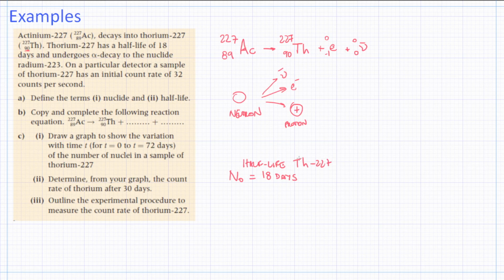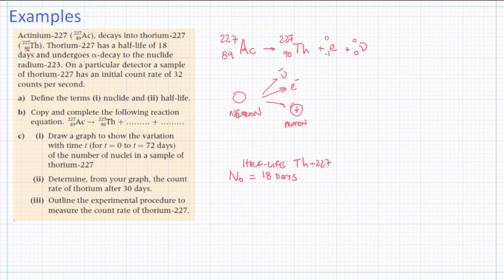Usually we give the name thorium-227 because, well, when we say thorium, we know that the atomic number is 90, otherwise it wouldn't be thorium. However, since we have different isotopes in nature, we might have different mass numbers. So when we specify thorium-227, we are making sure that we're specifically talking about this isotope in which the mass number is 227.